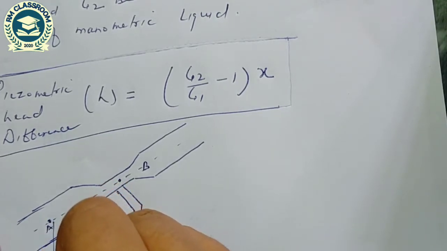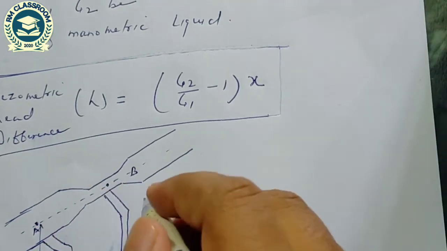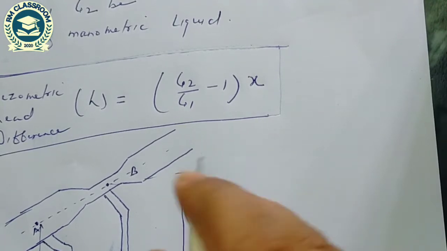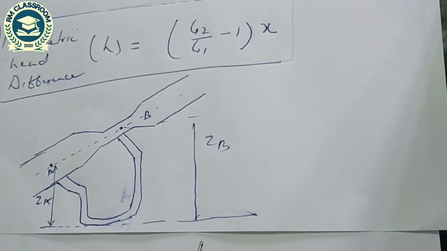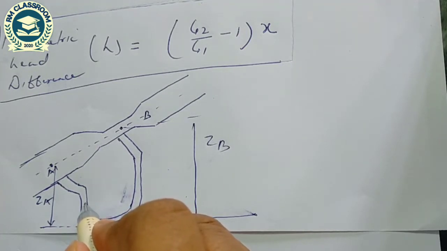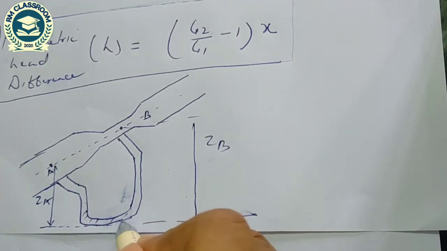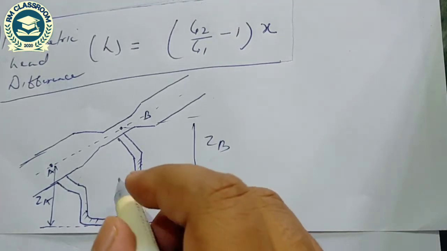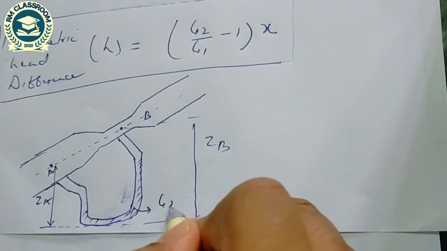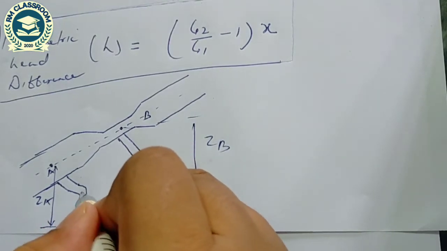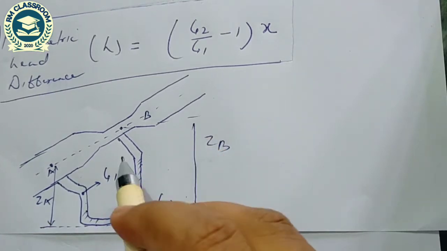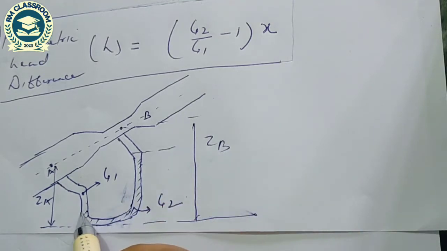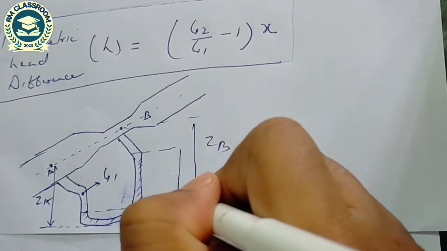So this distance is ZA, and this distance is datum head ZB. Similarly, this is the fluid whose specific gravity is G2, and the specific gravity of the other is G1, and this height is x.